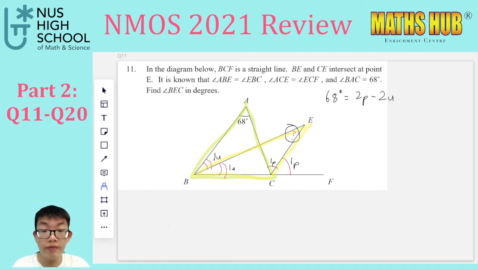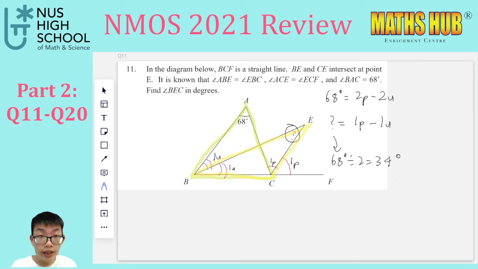Now if you look at BEC, you realize that this angle we're supposed to find can also be seen as part of the exterior angle relation, which is 1 part minus 1 unit, ECF minus EBC. So from here, it is pretty obvious that this question mark is just half of that. So 68 divided by 2 equals 34 degrees. Now notice that we didn't actually go and calculate what's 1 part and 1 unit, but there's no need for that.